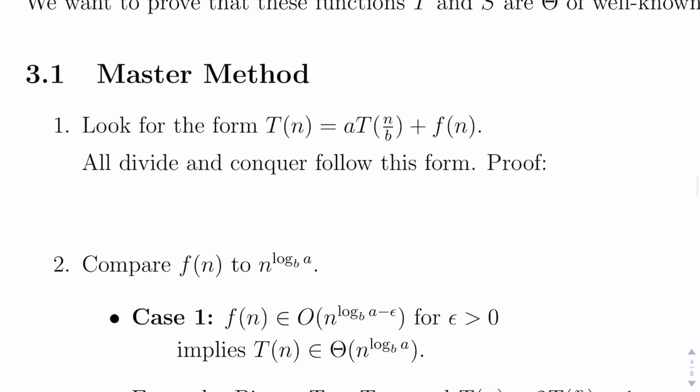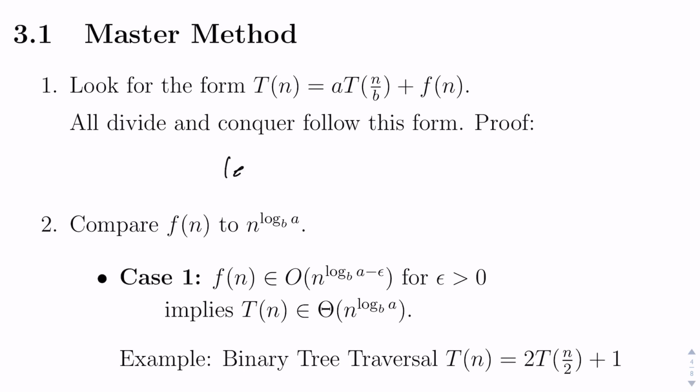And fun fact, all divide and conquer algorithms follow this form. And the proof is really easy. Does anybody want to give the proof? It's a one-line proof. No? Okay. The proof is: let f of n be d of n plus c of n.